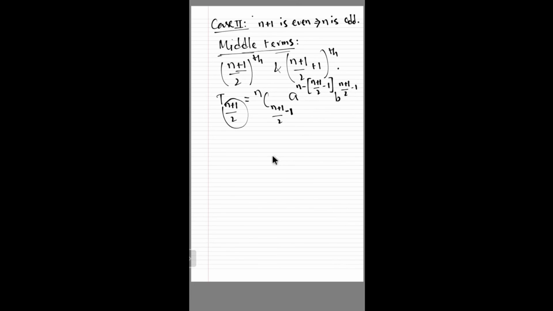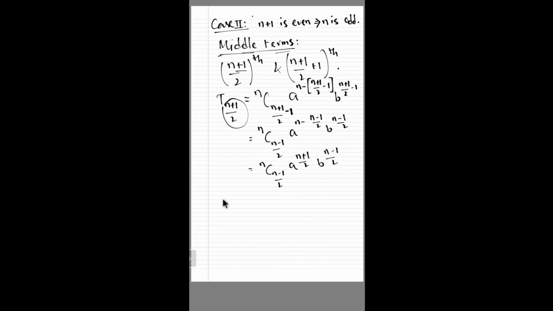So if you simplify it, you can see that it is nC_{(n-1)/2}, then a to the power (n+1)/2, b to the power (n-1)/2.